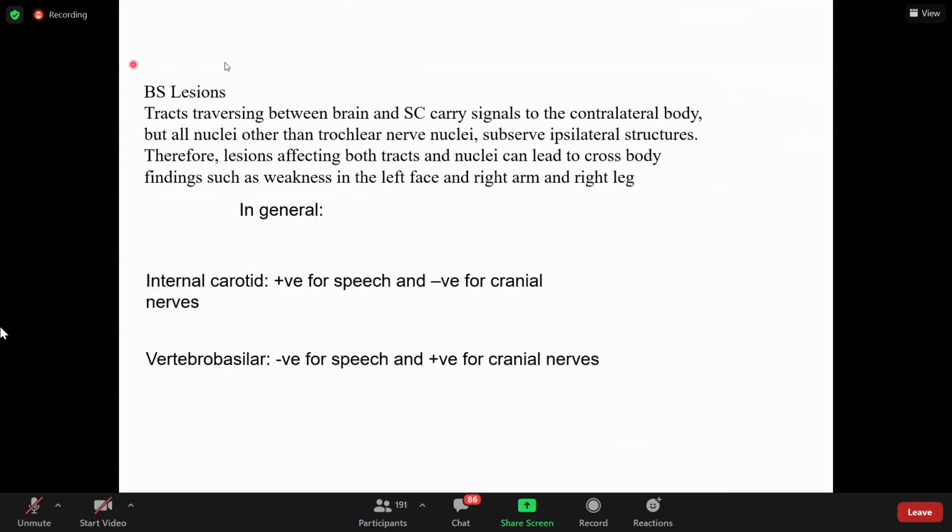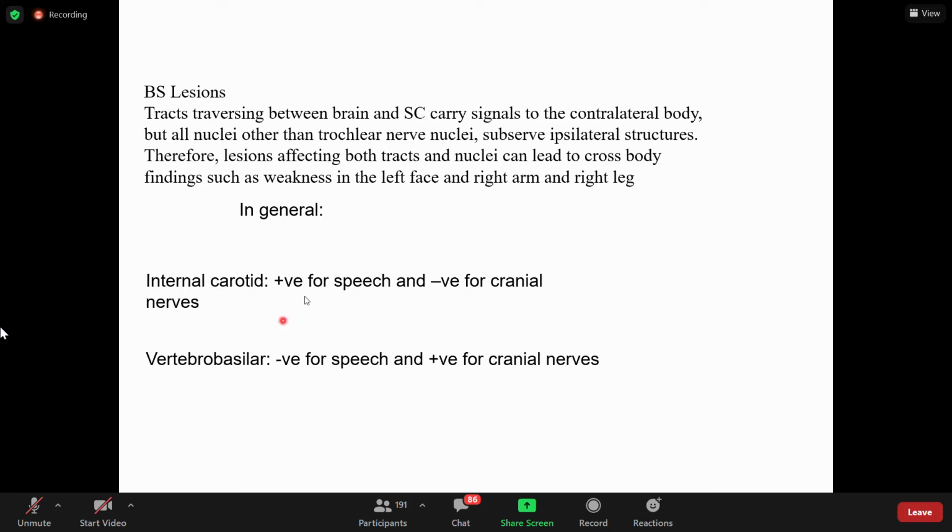Now, I want you to remember that in brainstem lesions, and Dr. Yaqeen, I'm sure, spoke about that, you will have basically cross-body symptoms and findings because you have involvement of nuclei and tracts, nuclei ipsilateral, tracts contralateral.